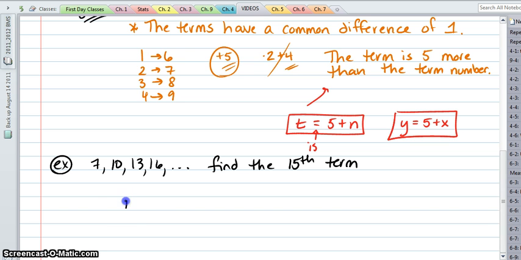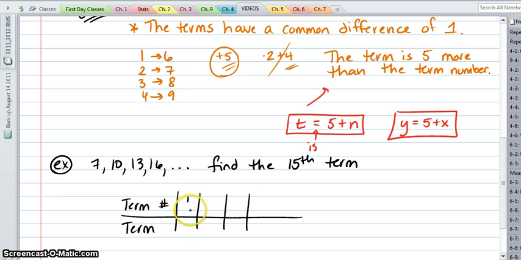When we're setting this up, we always want to start with our term number and then our term. Term numbers are always going to go in order starting at 1. So our first term is 7, our second is 10, third is 13, fourth is 16. So let's just look at the terms. The difference in term numbers is 1. 1 to 2, 2 to 3, 3 to 4, it's all 1.